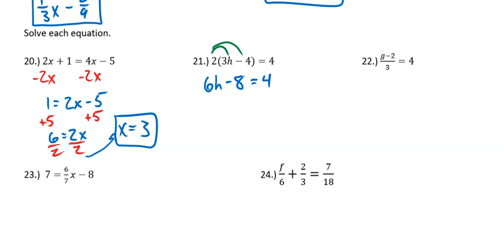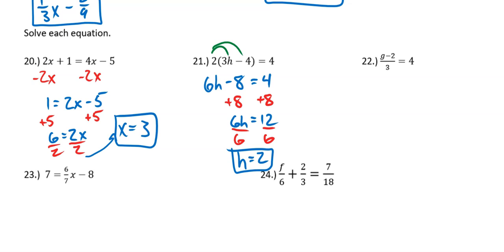Now I can solve by undoing operations. So I'm going to add the 8 to each side, so I undo that subtraction first. And now I undo that multiplication. And that's it. Okay?